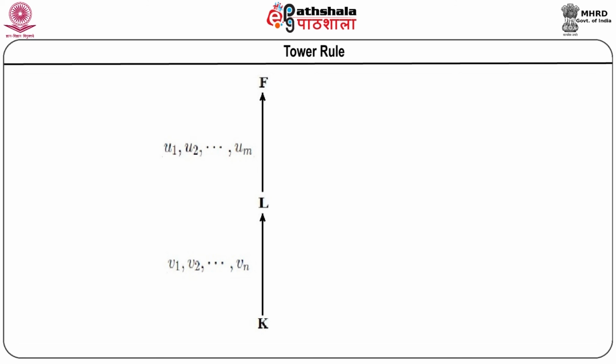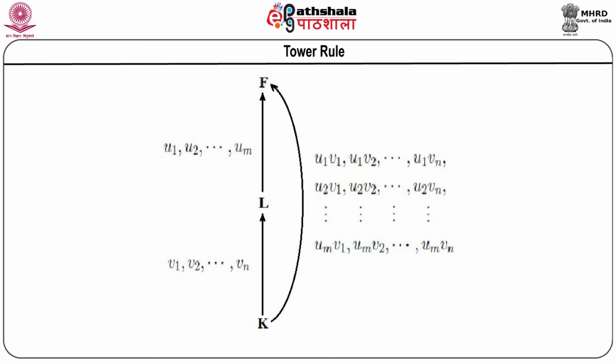Then you will get a detailed proof in the E content of the result that u1v1, u1v2, and so on up to u1vn, u2v1, u2v2 and so on up to u2vn, and so on up to um v1, um v2 and so on up to um vn becomes a basis of the vector space F over the field K, and thus it follows that the degree of the extension F by K is m times n, and hence the result follows.